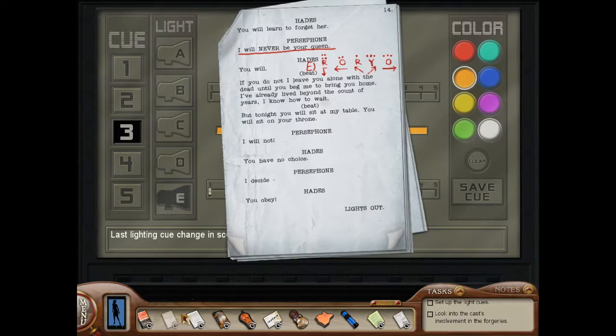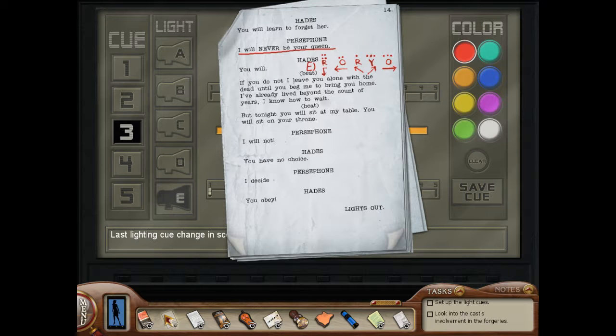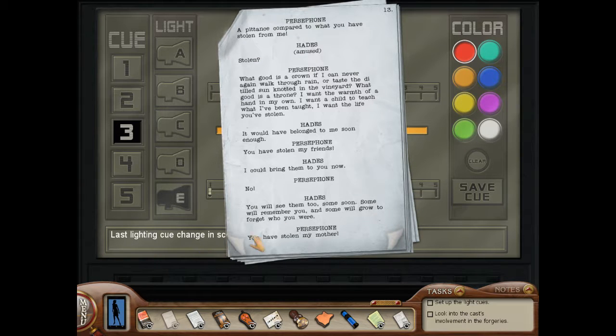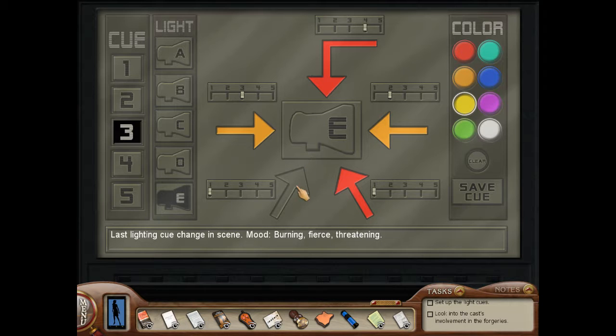I think 2, 3, okay. Red is going to be up and left 1. Can stay 1. Yellow. Up and to the right 3. No, shit. Up and to the right 3.